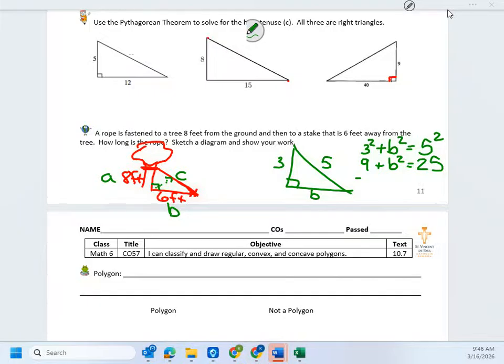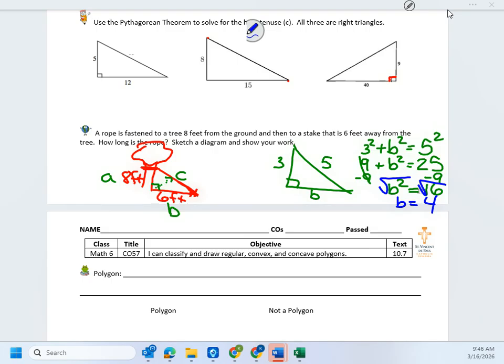So I have to do my opposite operation. 9 minus 9 zeroes out. So B squared equals 25 minus 9 is 16. Then I have to do my square root, because I don't want B squared, I want B. The square root of 16 is 4.